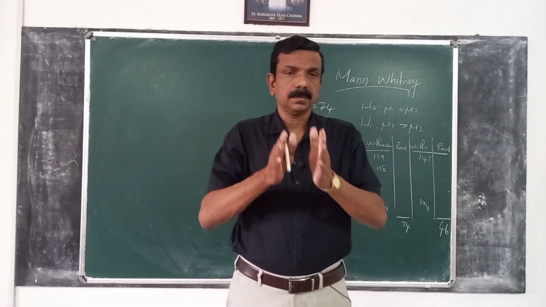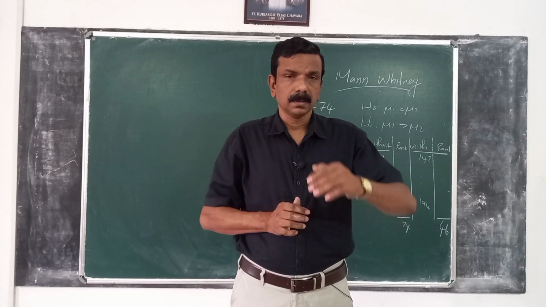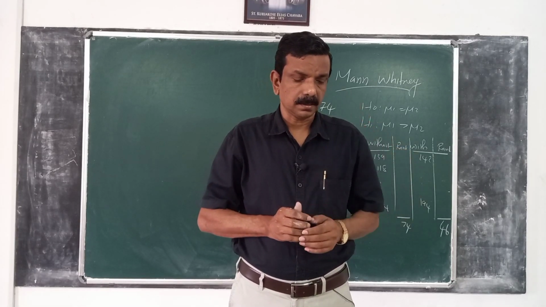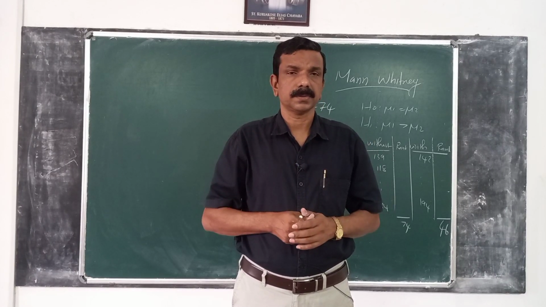And to decide whether M equal to 74 is enough to reject H0, we need the table of critical values.